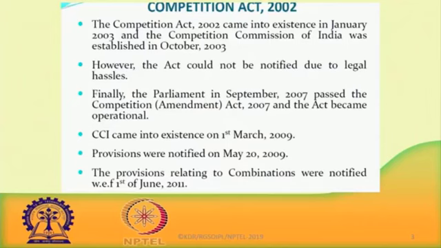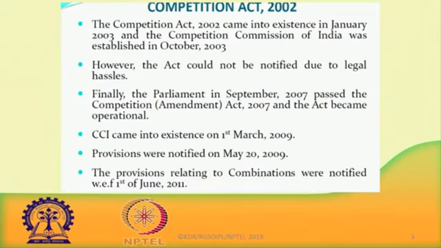And you know that the Indian Competition Act was passed in 2002, which we mentioned in the last class, and came into effect in 2003. But yesterday I also mentioned that because of court cases and other legal problems, it was not able to be enforced completely.